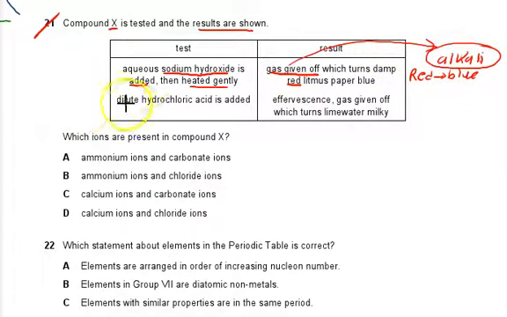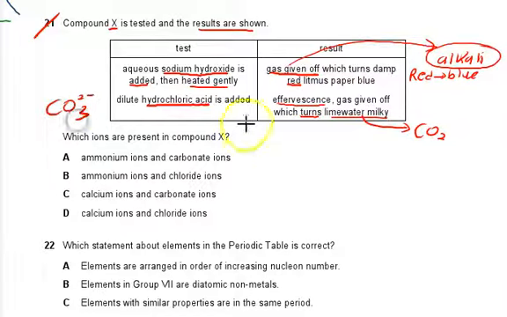Dilute hydrochloric acid is added and you will have bubbles. The gas given off turns limewater milky. So this is confirmed to be carbon dioxide. If it's carbon dioxide, here you must have a carbonate ion. For the alkali, let us look at the answers.